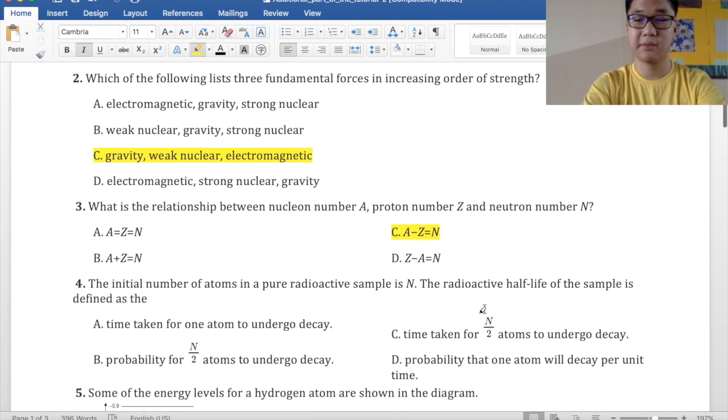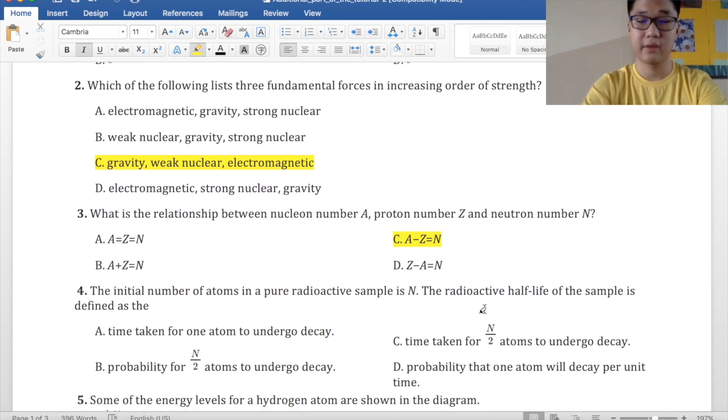Okay, next, number 4. The initial number of atoms in a pure radioactive sample is N. The radioactive half-life of the sample is defined as A, time taken for one atom to undergo decay, B, probability of N over 2 atoms to undergo decay, C, time taken for N over 2 atoms to undergo decay, and D, probability that one atom will decay per unit time.